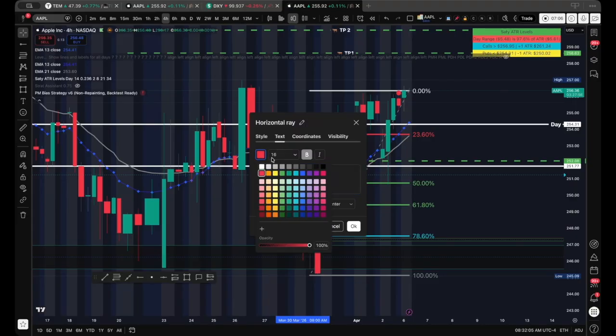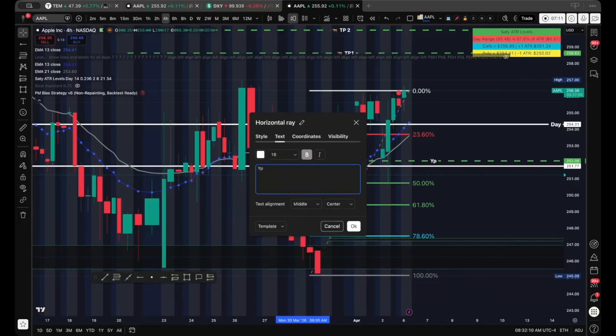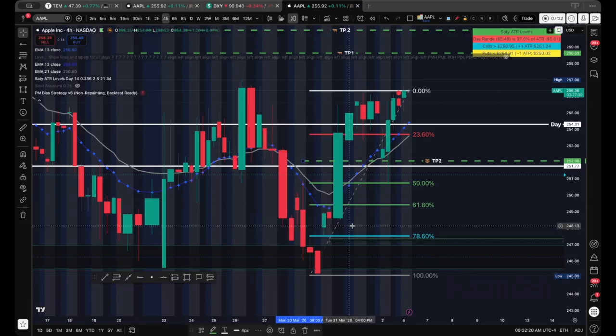And I use red, sorry. Helps if I spell today, TP2. Throwing the signature bear. So that's 1 and 2.